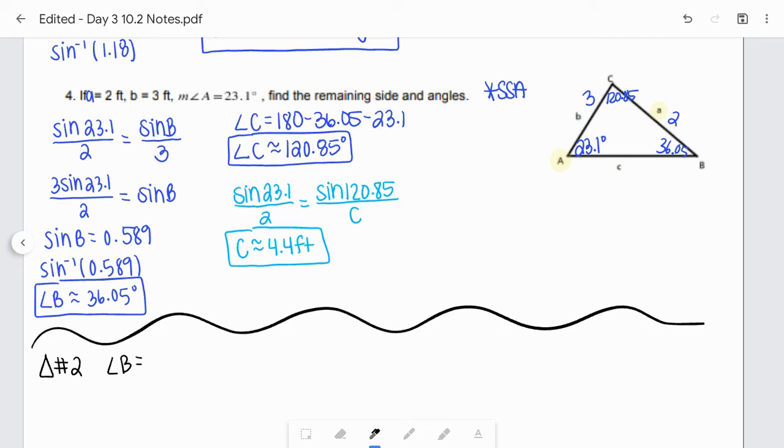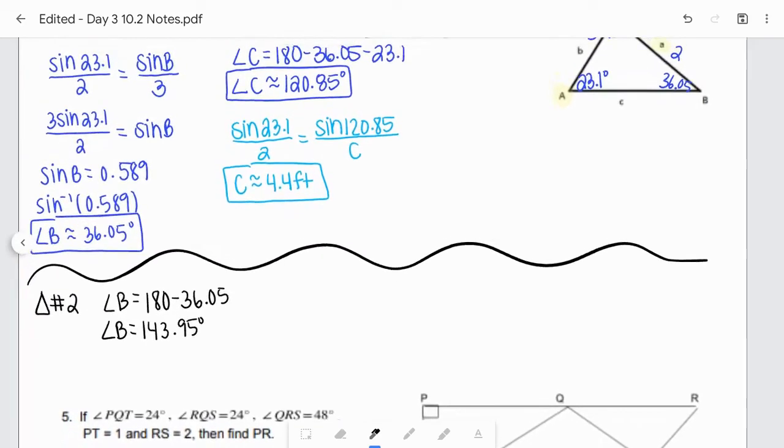So if I'm trying to find what angle B is going to be in quadrant 2, I just take 180 degrees and I subtract out the 36.05. And this time, angle B is going to be equal to 143.95 degrees.